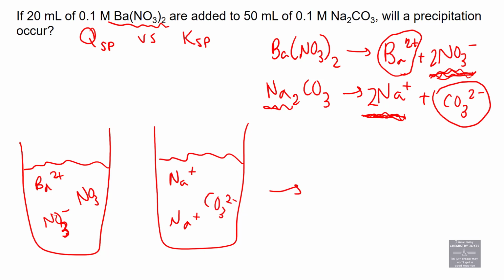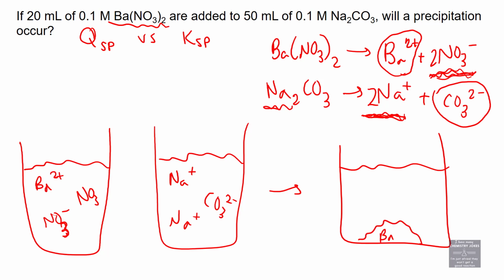And the question is, do we get some barium carbonate sinking to the bottom or not? There's still going to be nitrate and sodium floating around in solution, absolutely. So do we get barium carbonate sinking or not? Yes, barium carbonate comes together and makes an insoluble salt.